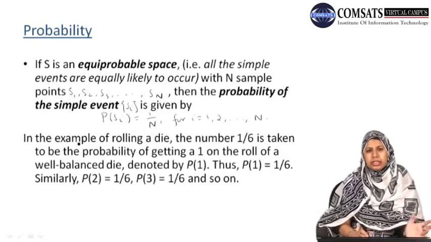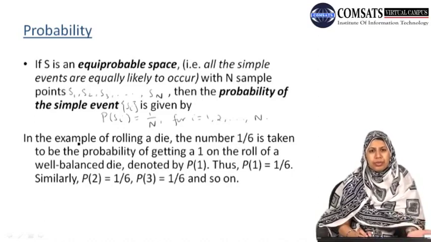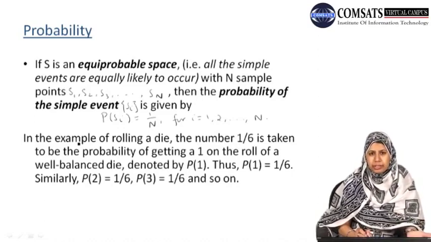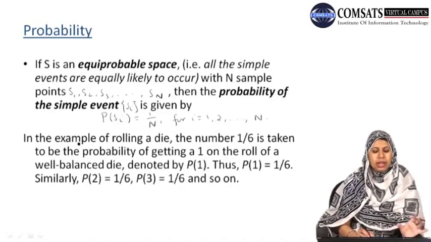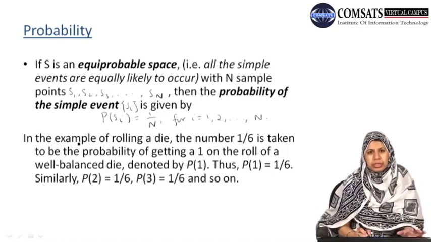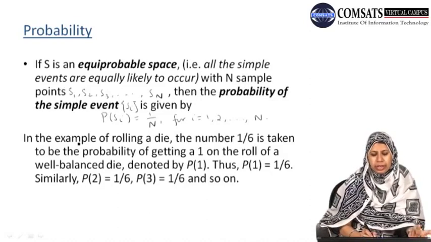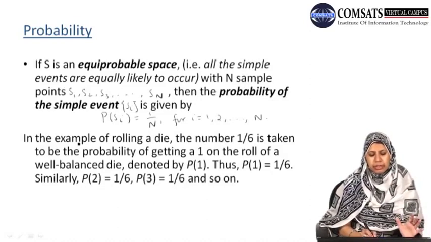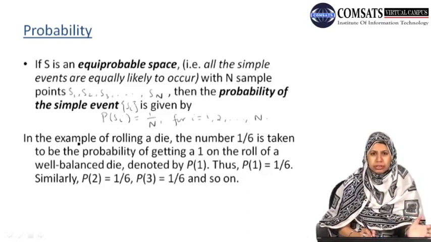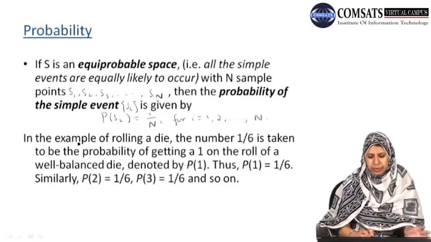Similarly, the probability that 2 will occur when we roll a die is again 1 by 6, because our die is well balanced and we are assuming that each possible outcome has the equal chance to occur. So 2 can be obtained only one time, so the number divided by the total number of the sample space.